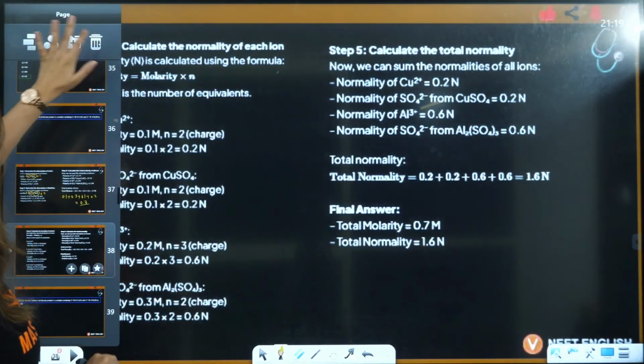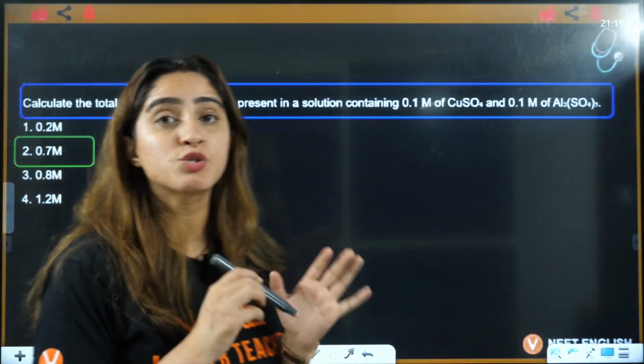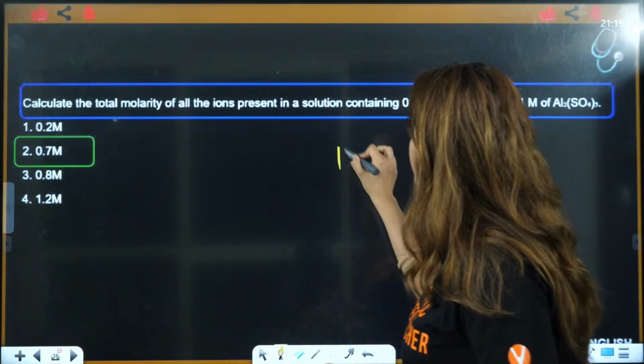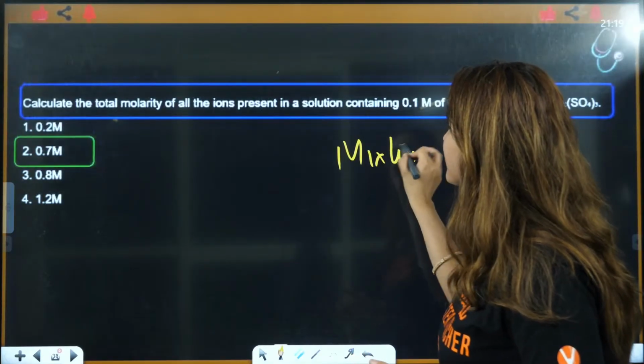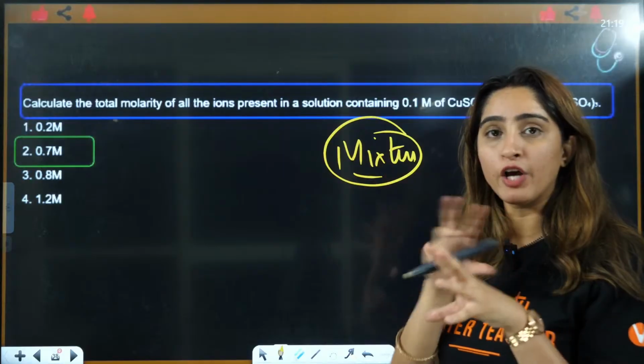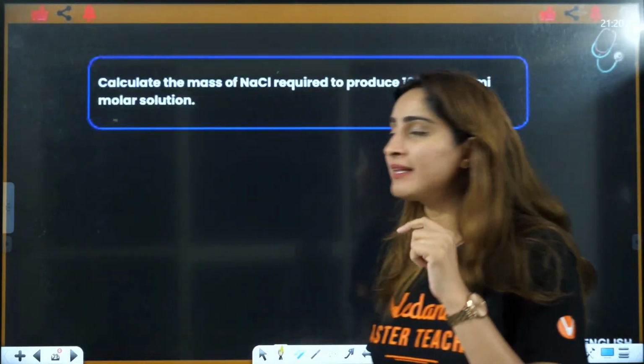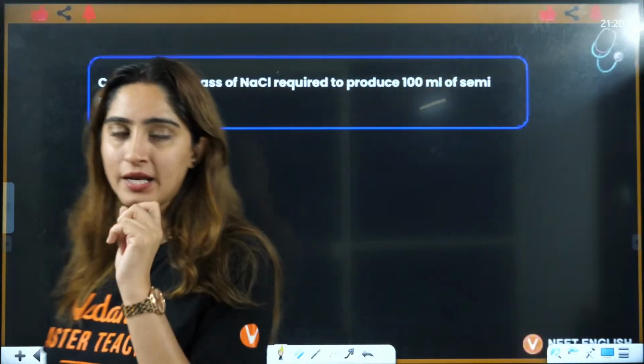So the answer is going to be 0.7. Now, this was not a question regarding a mixture. They were just telling you that you have these ions, and you have to identify the molarity of different ions. But when we talk about mixtures, there is a different formula for that.